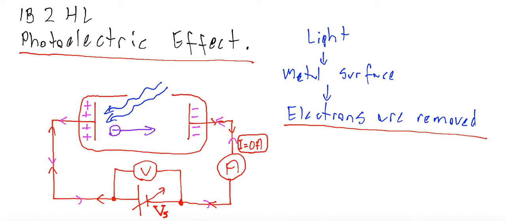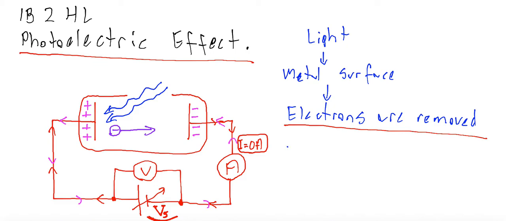So to measure photocurrent, current created by the photoelectric effect, we can measure the voltage needed to stop this current, because this current is the same as the current created by this power supply. Okay? And so what did Einstein observe? Einstein observed two things.